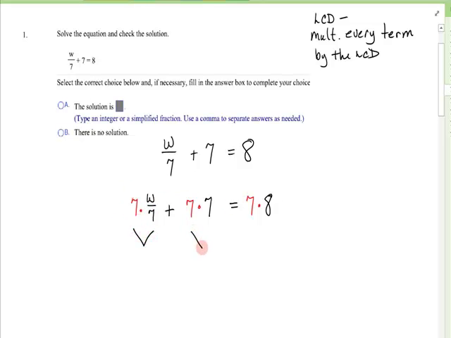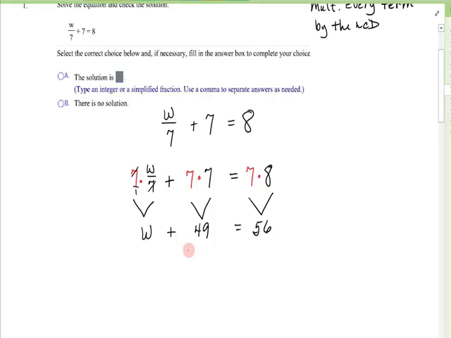So now I need to simplify each of these products. The first one, if I put the 7 over 1, we can see that those divide out, leaving me with w plus 49 is equal to 56. We now have a nice linear equation to solve. I'll subtract 49 from both sides.